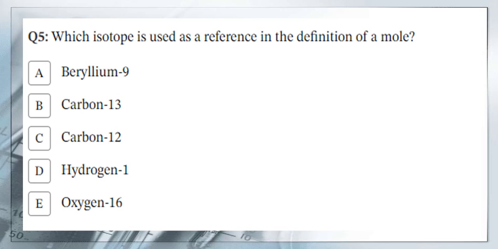So we use carbon-12 as a comparison. We use its isotope only as a reference in the definition of a mole.